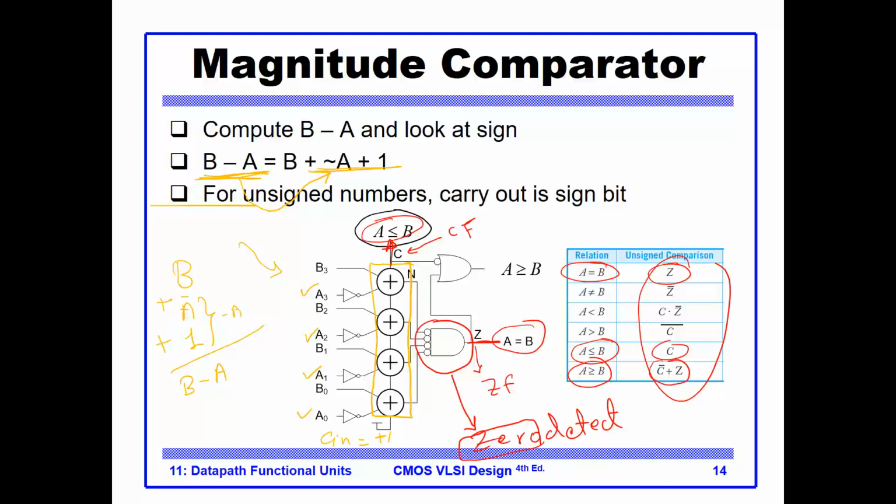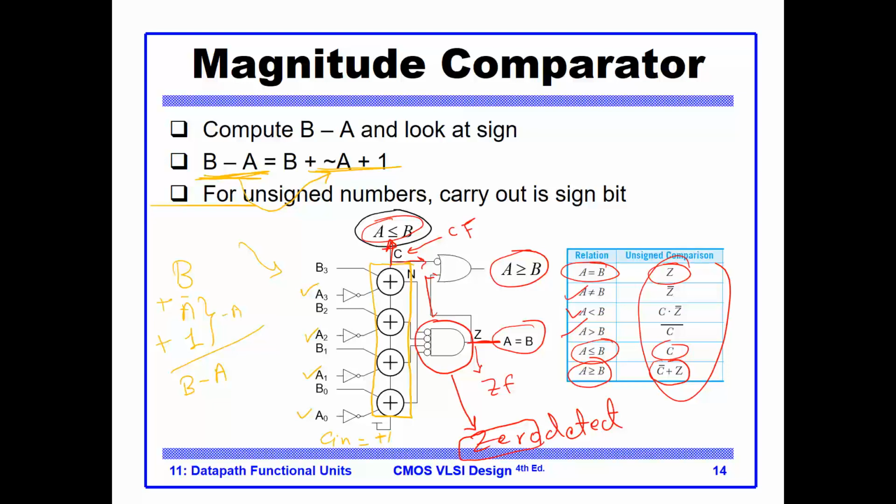So I can detect all kinds of relationships from this circuit. I can check A less than B, A greater than B, A not equal to B, and basically, using the concept of subtracting B minus A and understanding the relationship between flags and equalities and relations, I can deduce the relationship from the flags.